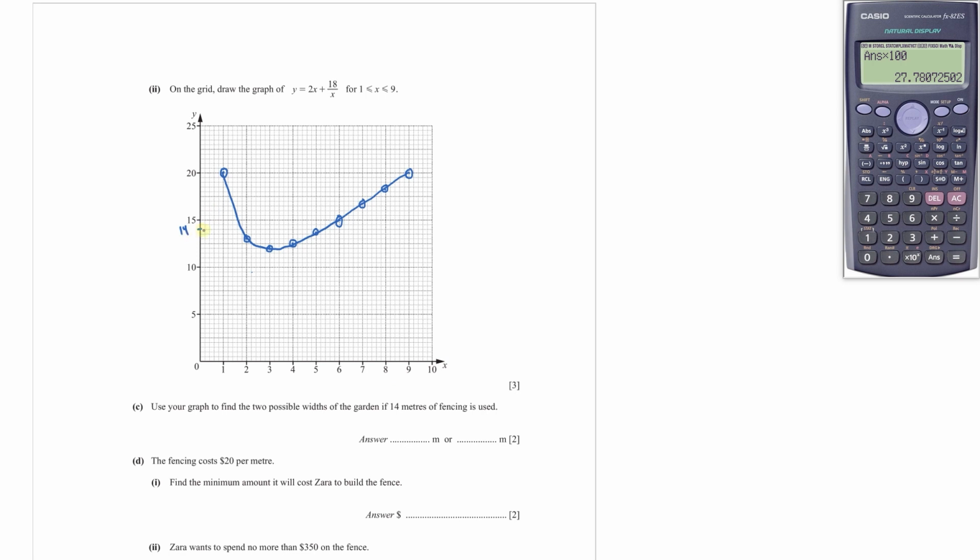So if you use 14 meters of fencing, the first possible value of the width is this one. Let's bring this down.